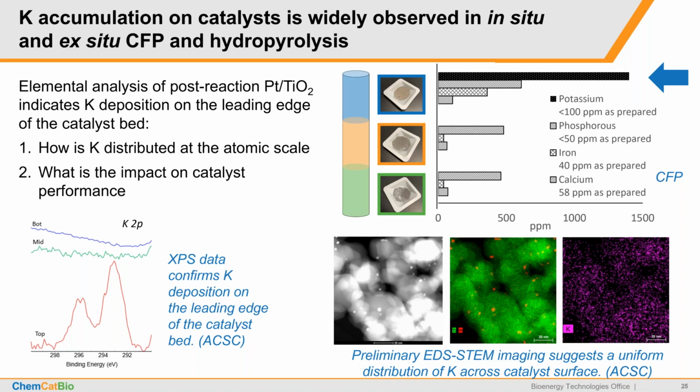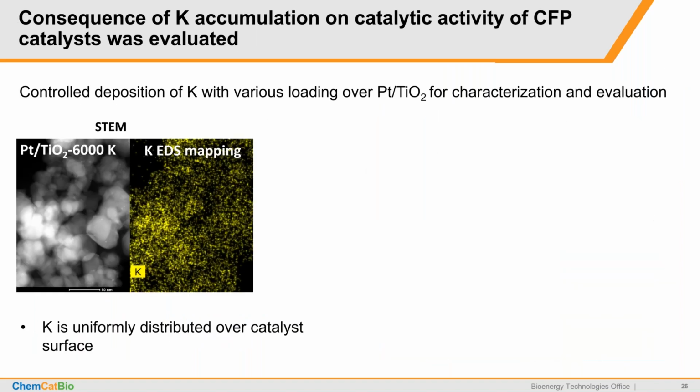But if it's uniformly distributed on the catalyst surface and may interact with the active site, that causes a problem. Therefore, we have a catalyst deactivation mitigation project within ChemCatBio, specifically focused on this potassium accumulation on the catalyst surface, to understand its consequence regarding catalyst activity.